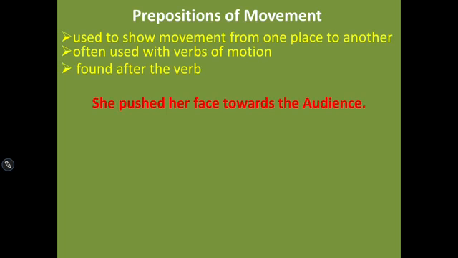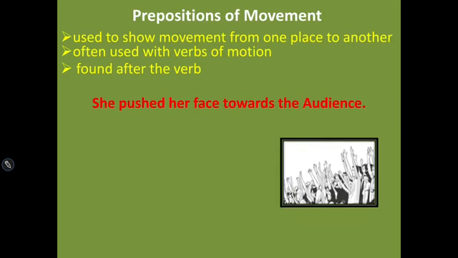Which word is here the preposition of movement? Yes, towards. She pushed her face. What is pushed here? Pushed here is the verb of motion. And you will see that the preposition towards is placed after the verb.